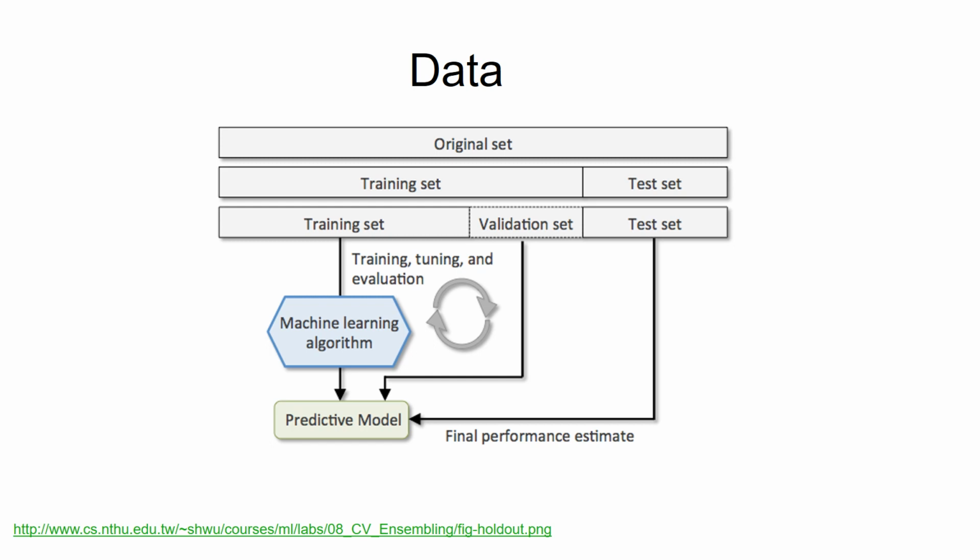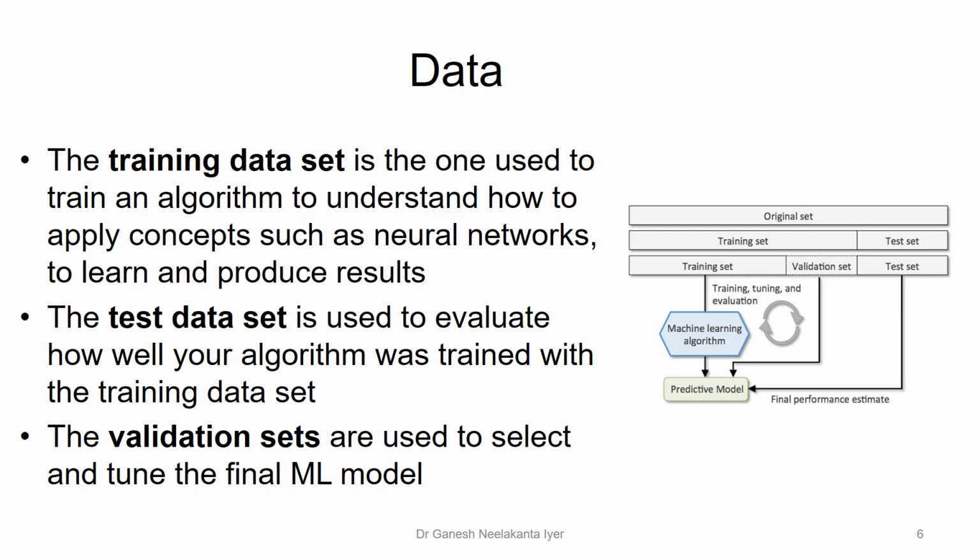You might have split it into training set and testing set, which we spoke about in our previous video. The training data is used to actually build the model, and the test data is used to evaluate the model. Now, this is what the data here is. Data is very essential for a machine learning algorithm or a machine learning based model to be successful.